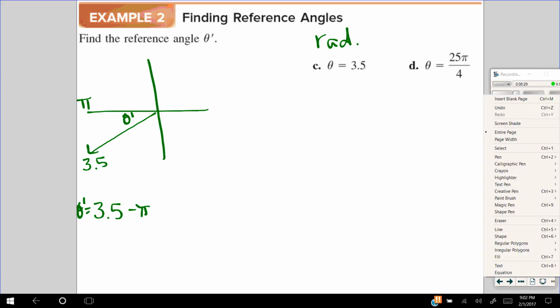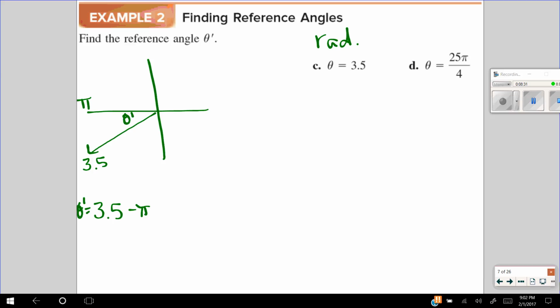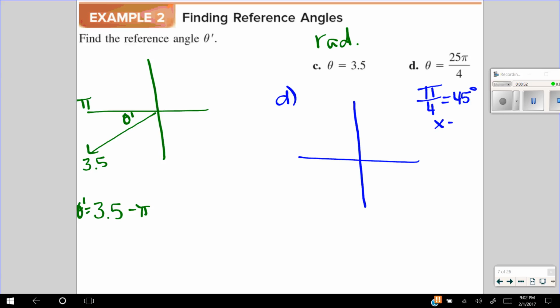And then D is an actual radian measurement, 25 pi over 4. So first thing I want to do for that is just figure out where that is. And what you should remember is that pi over 4 is 45 degrees. So if 1 pi over 4 is 45 degrees, and I multiply that by 25, 45 degrees times 25 is 1125 degrees.